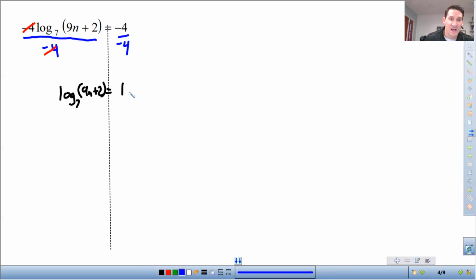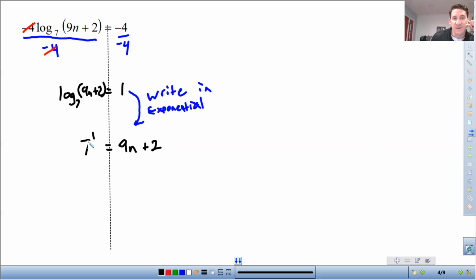Now, if I write it in exponential form, the base of the log is going to be the base of the exponent. So it's 7 to the first power is equal to 9n plus 2. And now to solve this, 7 to the first power is just 7, is equal to 9n plus 2.